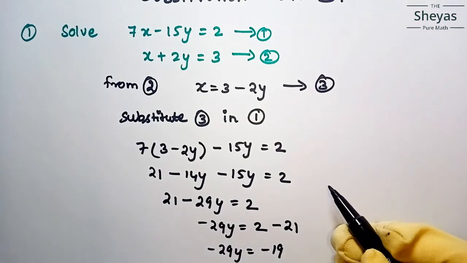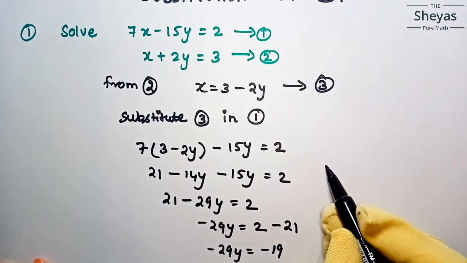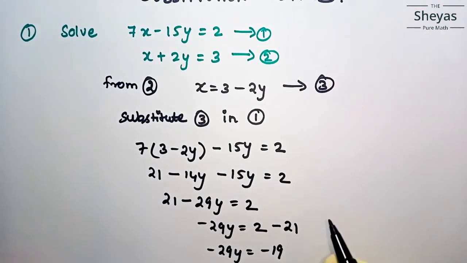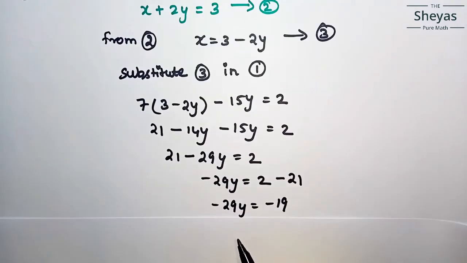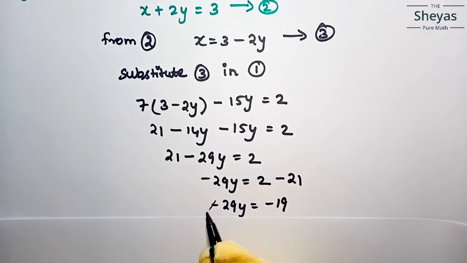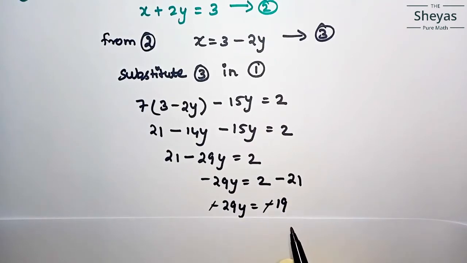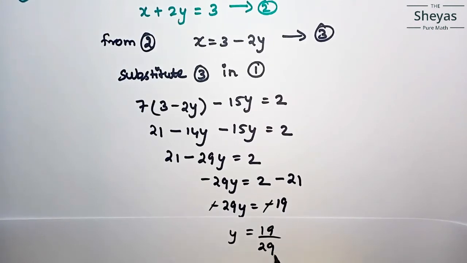Then you can cancel this minus on both sides. So y is equal to 19 by 29. So what is your y value? y is equal to 19 by 29. You have got one value.